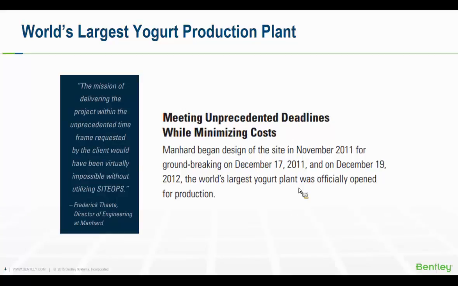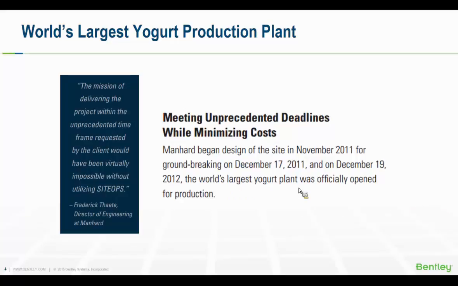Imagine this. Anybody on here that has done plans before is going to look at these numbers and be like, wow. They started the design in November of 2011. The groundbreaking was on December 17th. Think about that. Just right at about a month. Most of us barely get plans done in a month. Most of us barely get the clients to agree on what to do within a month or two.